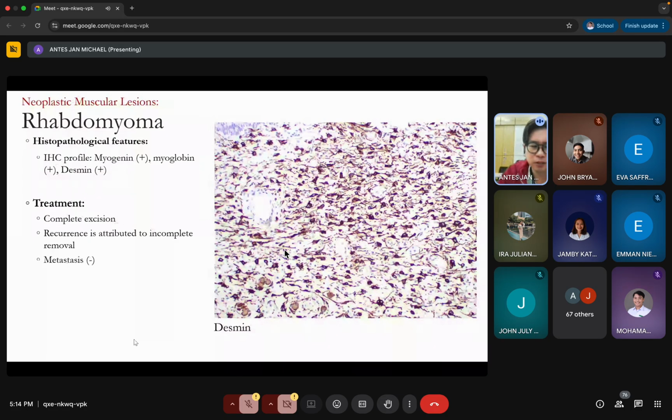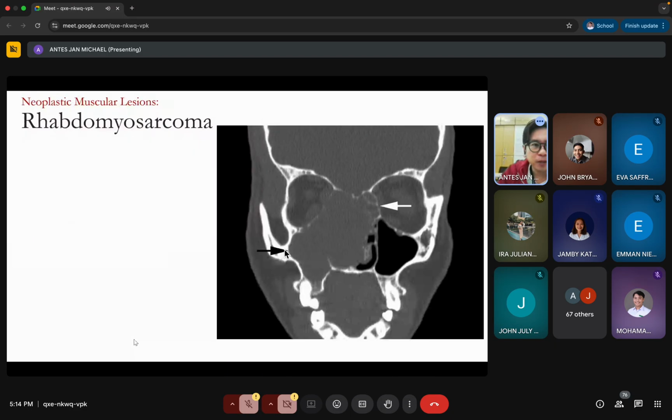So this is not actually a very aggressive tumor, but rhabdomyosarcoma is really aggressive. It's very destructive and infiltrative.